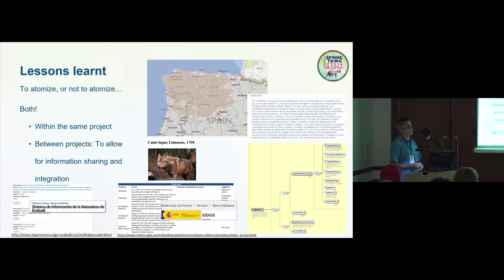And some projects, as we saw in the Mexican case, use both approaches, providing unstructured and atomized information for each piece of content, and the Spanish case does the same.